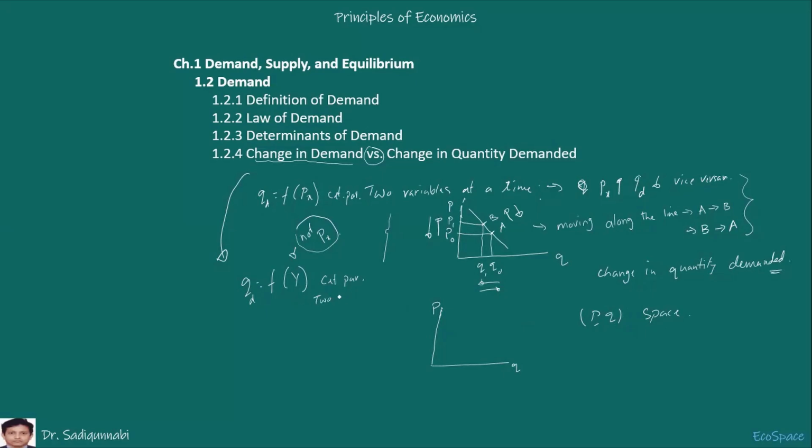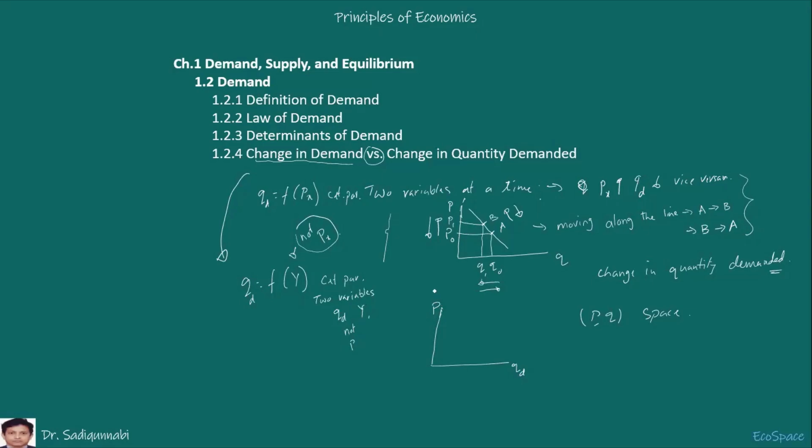What are the two variables? They are QD and Y, not P.